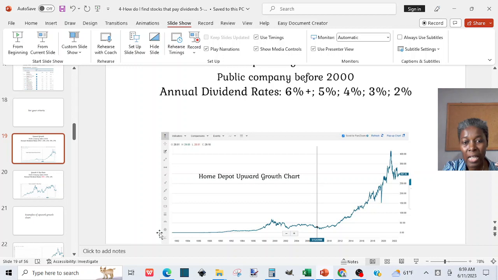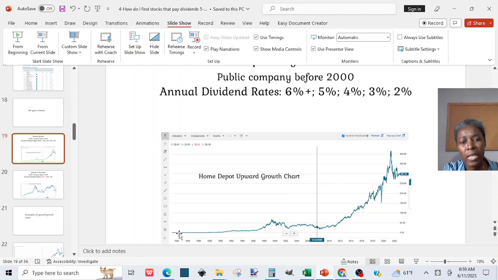And I'm showing linear path, because it has the year at the bottom on the axis line, and it has the price that the company stock sold for on the Y vertical line.